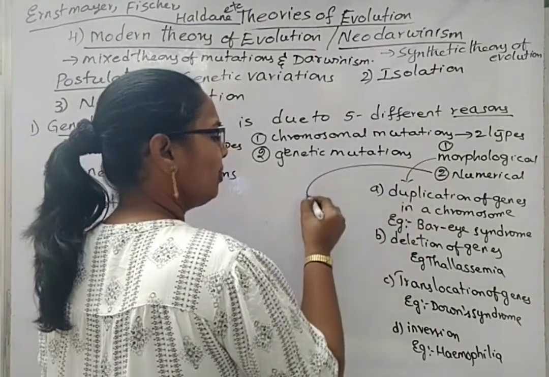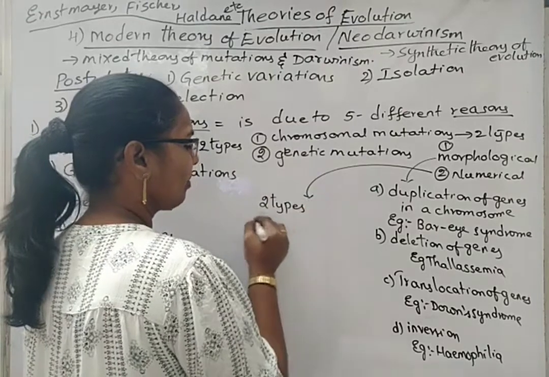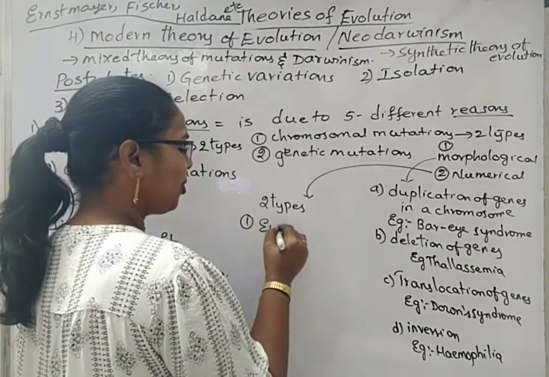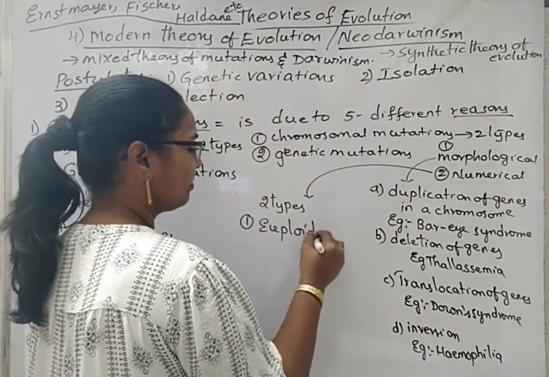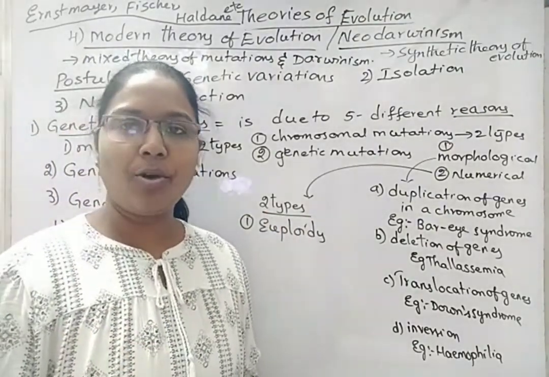Then what about numerical mutations? Again it is also of two types. One is euploidy. There will be a change in the number of sets of chromosomes.